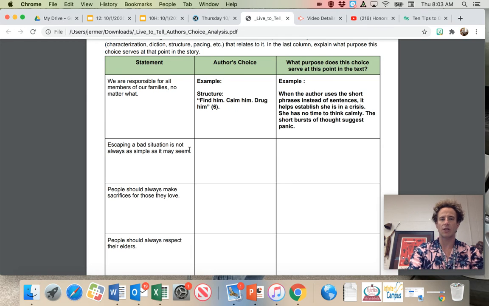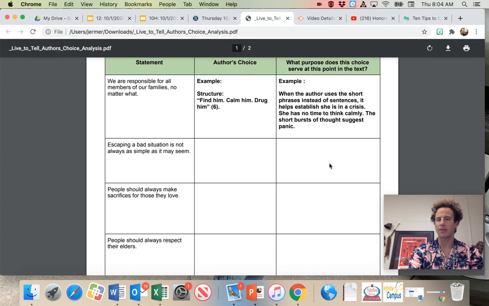It's a bad situation, but it's the child's mother. So that's not so simple to escape that. So find something relating to that and then explain how the way the author's narration or dialogue is providing the reader with some type of experience where you learn about the characters or learn about that situation or learn about that experience.